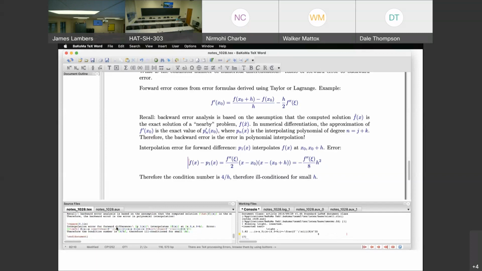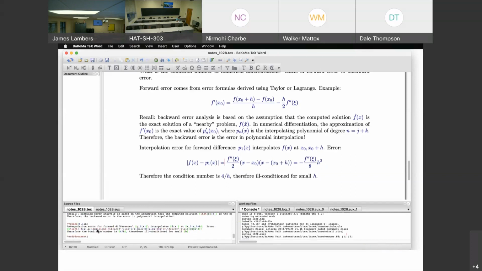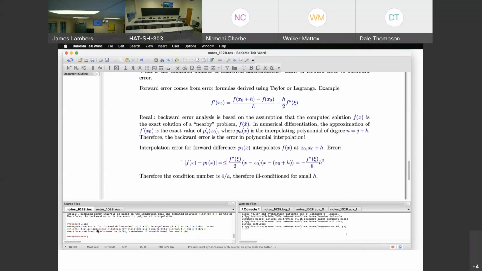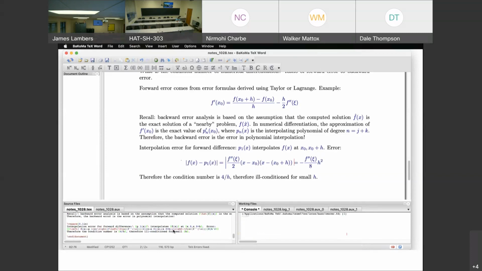What I would like to do, though, is have an upper bound for it. And it can be shown by taking the derivative of this with respect to x and setting it equal to 0, looking for a critical point, that the critical point is going to be halfway between x0 and x0 plus h.